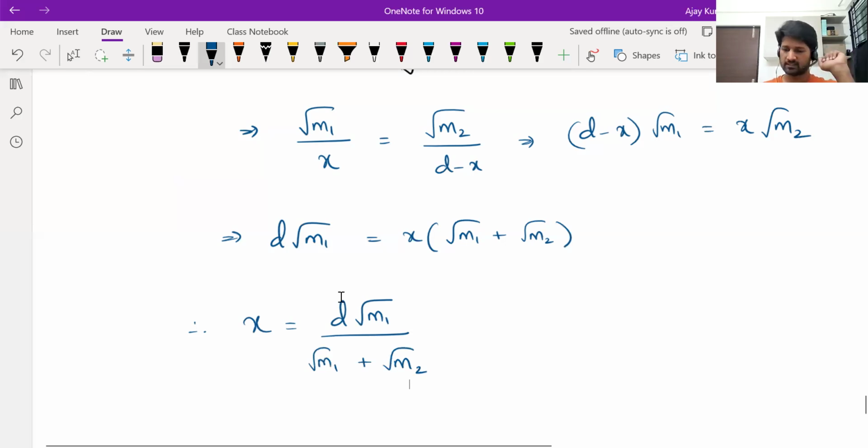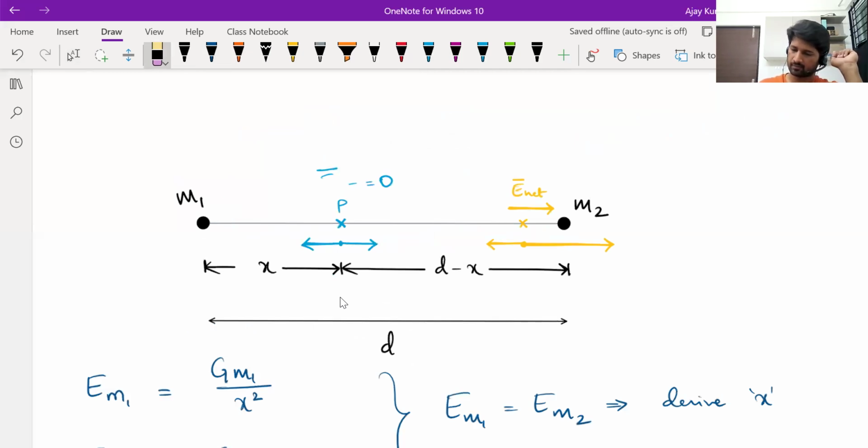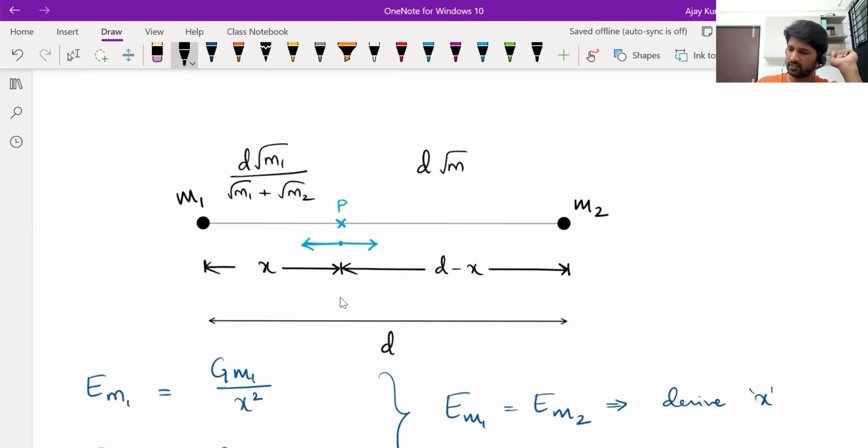Okay. What is x here? x is the distance of the neutral point from the mass m1. And we got that distance as d root m1 by (root m1 plus root m2). If you see the other side distance, it will be d root m2 by (root m1 plus root m2).